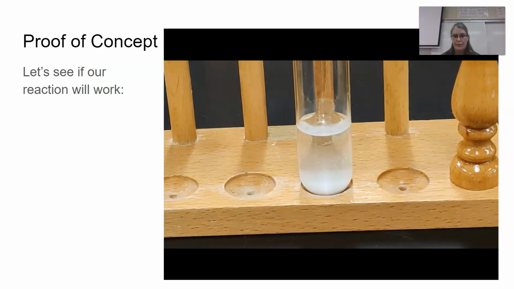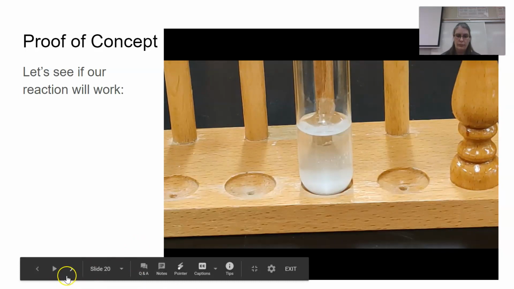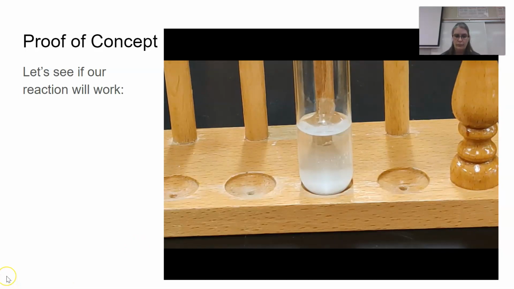Then I could measure that, and if I know how much silver chloride I made, then I could use the mole ratio to find out how many moles of barium chloride I had to make that amount of precipitate. This is a basic stoichiometry problem, which is our Unit 6C.